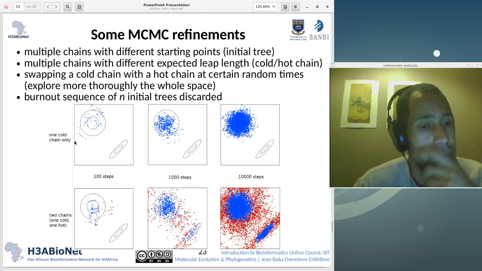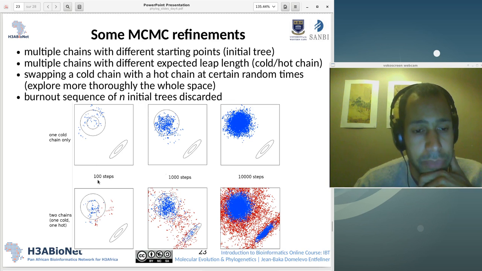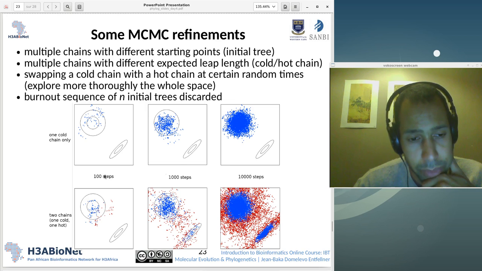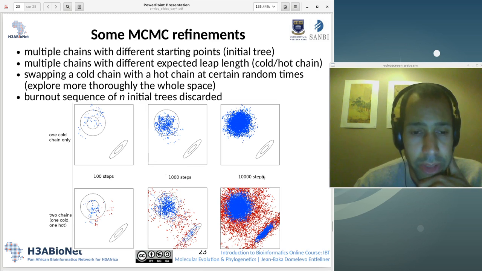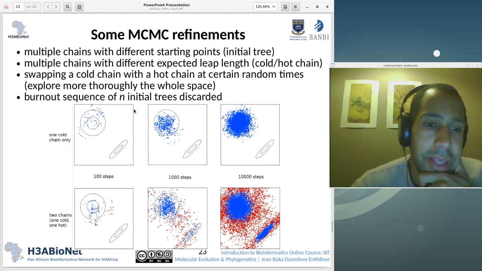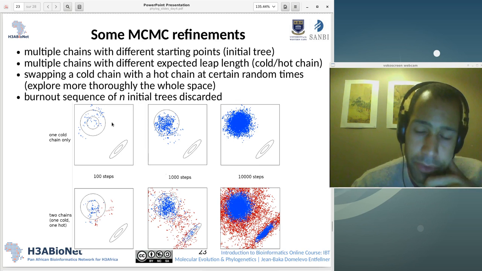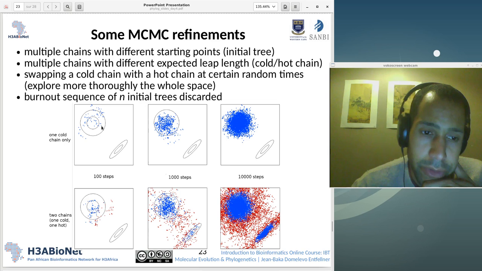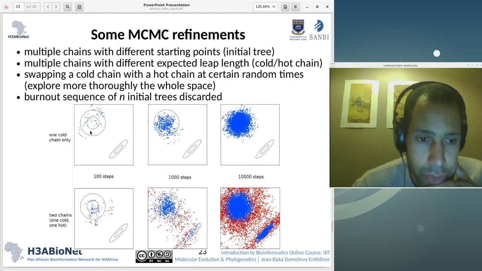So on top we have only one cold chain, and here this is the number of steps that have occurred. So here you have 100 points, here you have 1,000, and here 10,000. Let's imagine you have one chain, okay? Remember your ant, because she's alone and she's jumping from one point to another.